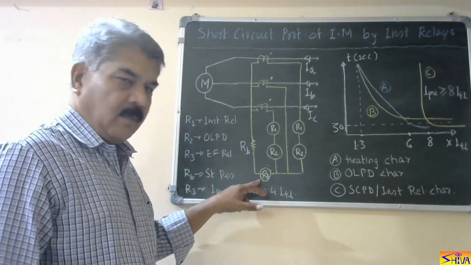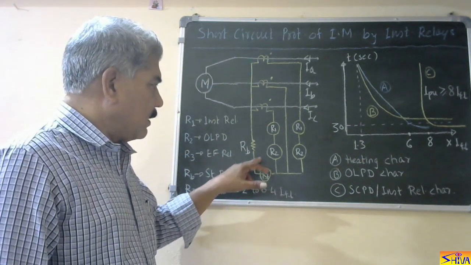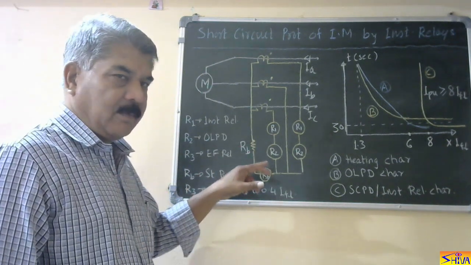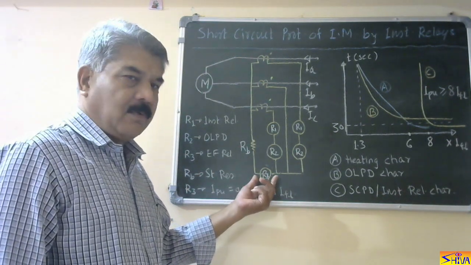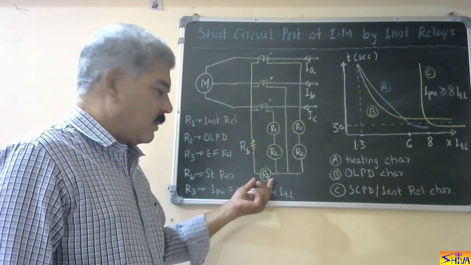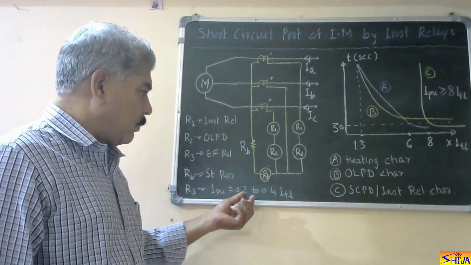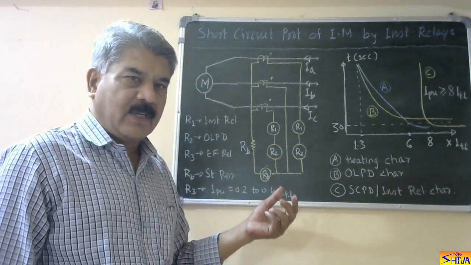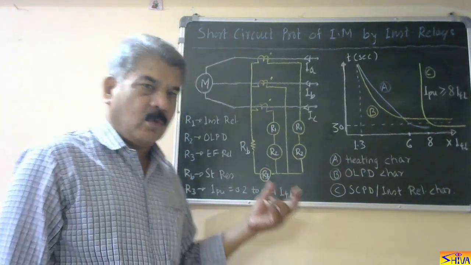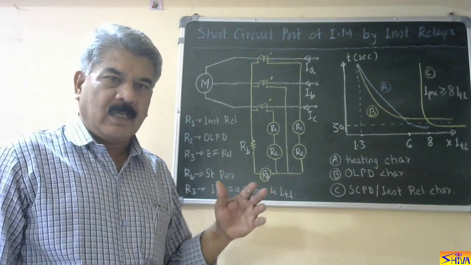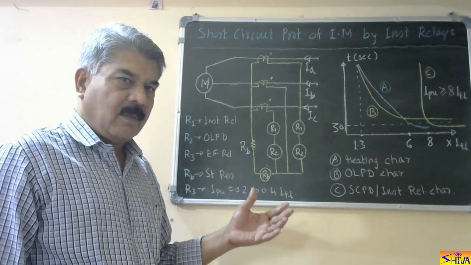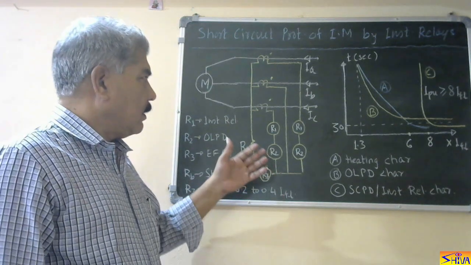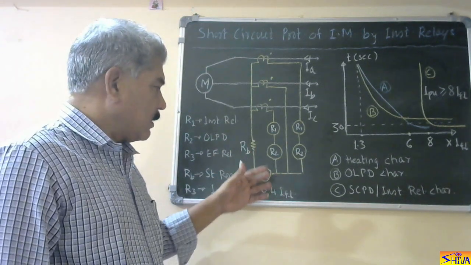R3 is also an instantaneous relay connected in the residual circuit of these CTs. So this takes care of earth fault. Pickup of this relay is set between 0.2 to 0.4 of full load current, because in normal condition, when supply is balanced, no current flows through this, but due to CT ratio error as well as during unbalanced power supply, some current flows.